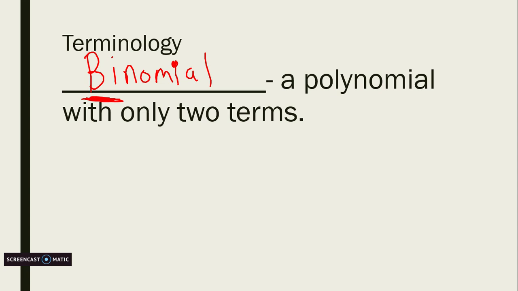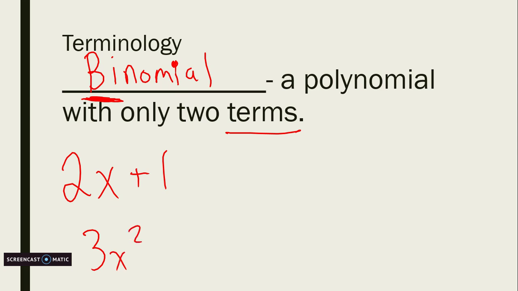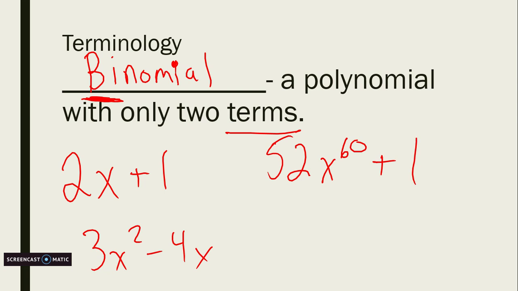And remember that terms are separated by addition or subtraction, and so a binomial is going to be just like this: 2x plus 1, or 3x squared minus 4x, 52x to the 60th power plus 1. The main thing here is that you have to have two terms. So you're going to have two monomials that make up the polynomial for a binomial.